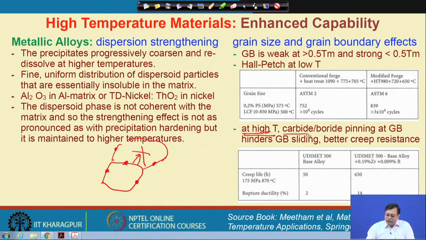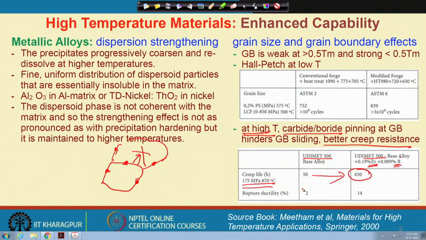How to do that? We can incorporate some carbide or boride particles by grain boundary engineering and incorporate those precipitates inside for a better creep resistance. As an example, UDIMET is an example of such. So, here this is the base alloy with some zirconium and boron. In that case, the creep life can be increased to such a high extent.